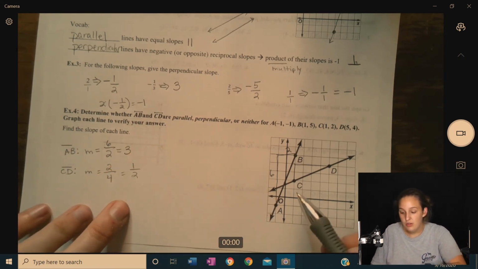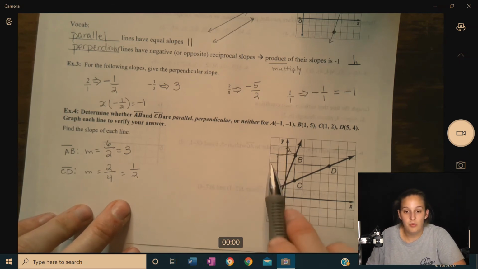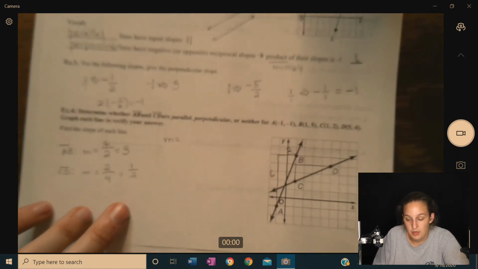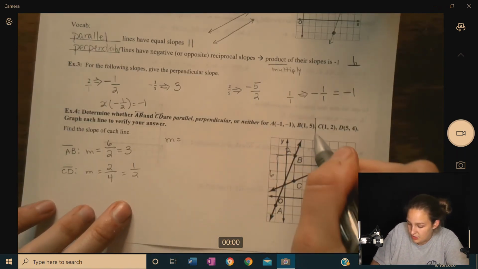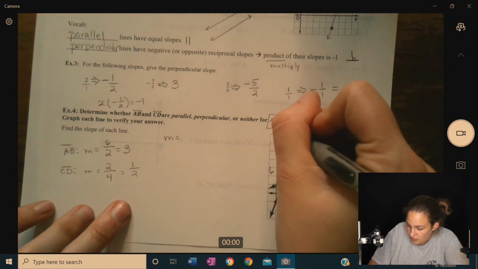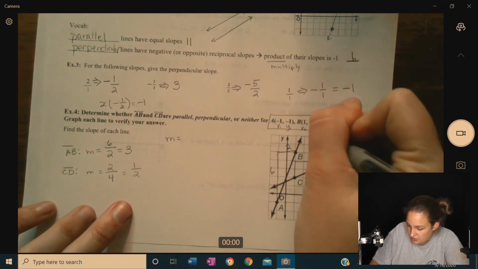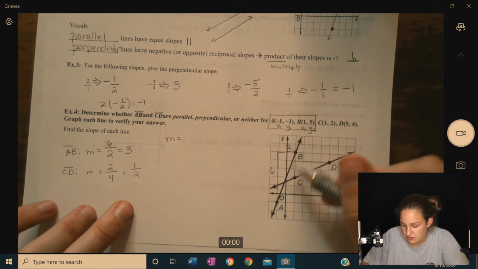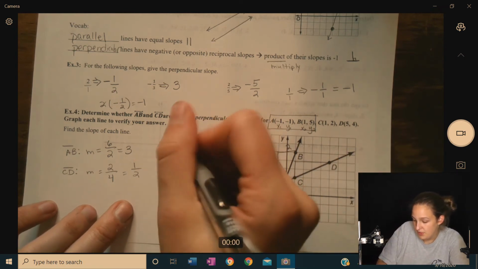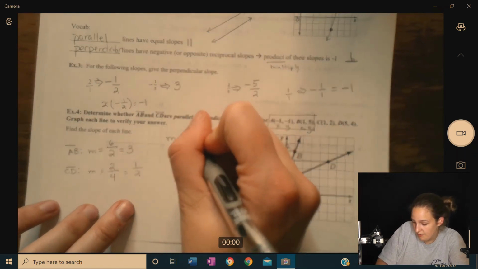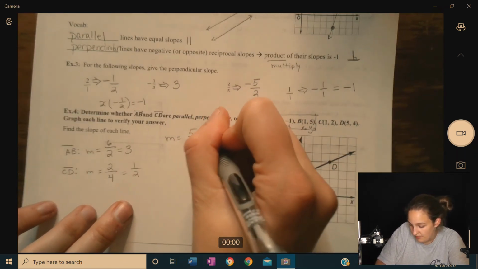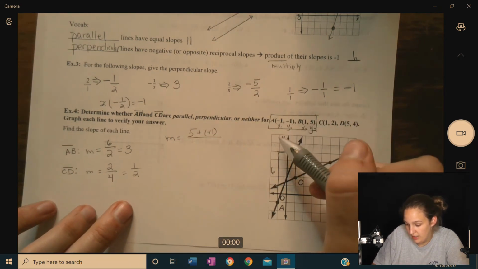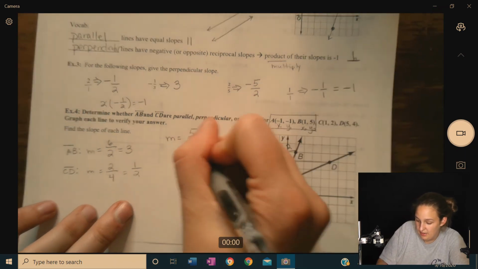You could also, if you didn't graph it out or you didn't want to look at it this way, you can also do it using the slope equation. So A and B are your 2 points. So x1, y1, x2, y2 for this line here, AB. So these are your 2 points. So plug these in. So the change in y's is 5 minus a -1, which turns positive, all over 1 minus a -1.